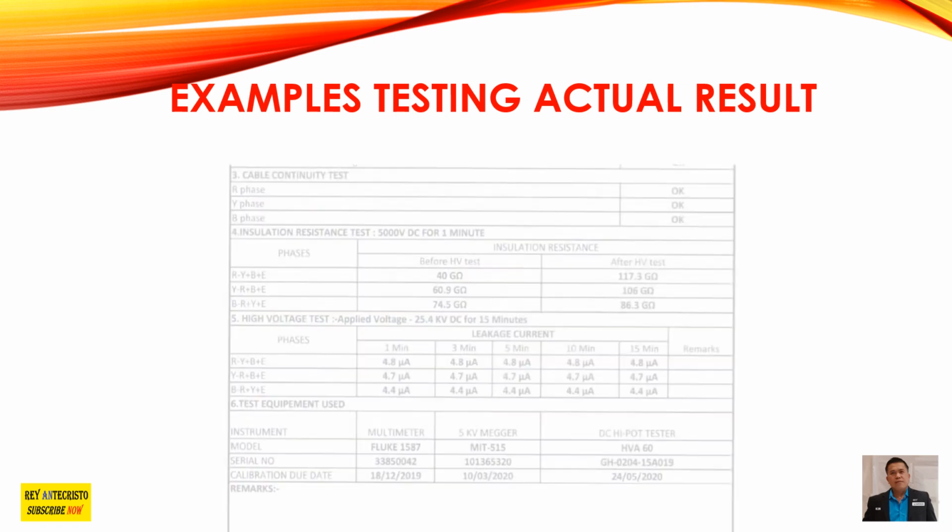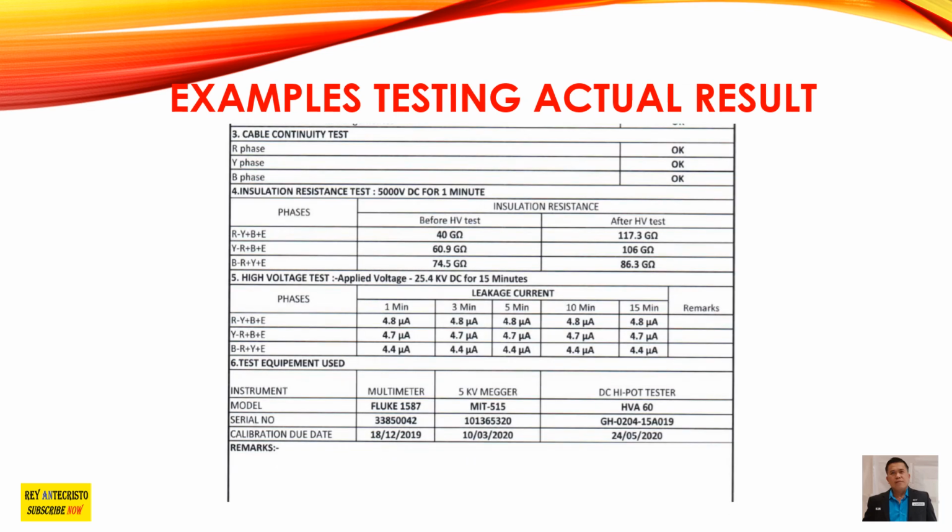So, ito, bigyan ko kayo ng example sa testing, sa actual result. So, meron tayo, ititest natin yung cable continuity, R phase, Y phase, B phase, tapos insulation resistance. Let's say 5,000 volts DC for 1 minute. Yan ang result niya sa insulation resistance, RY. At tinitesting mo dyan, makikita mo, HV test, 40 giga-ohms.